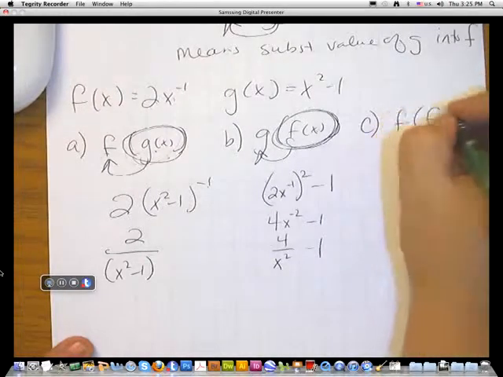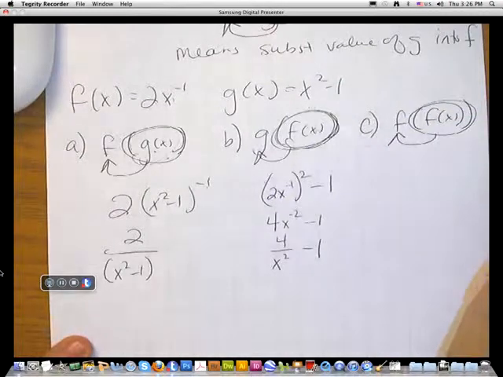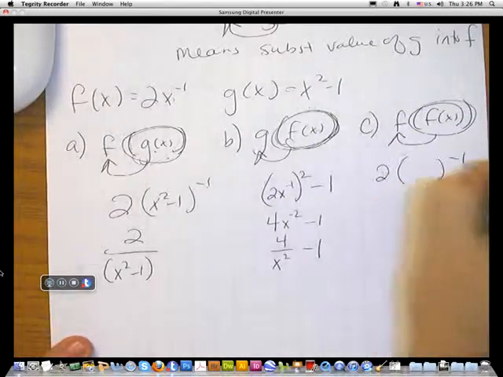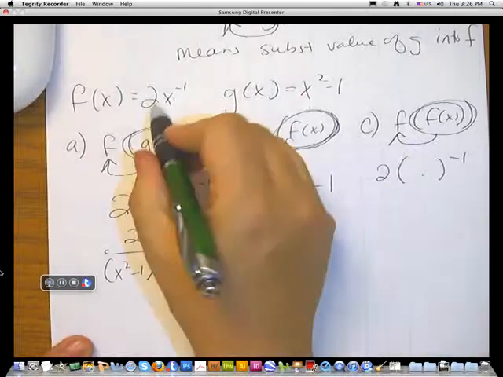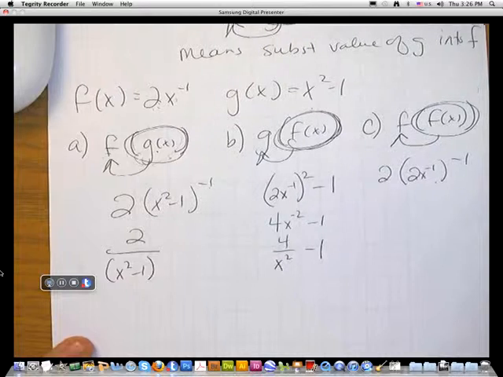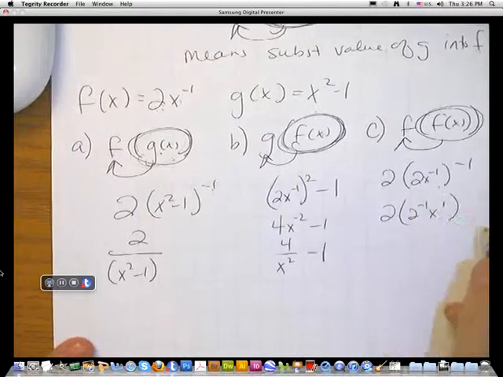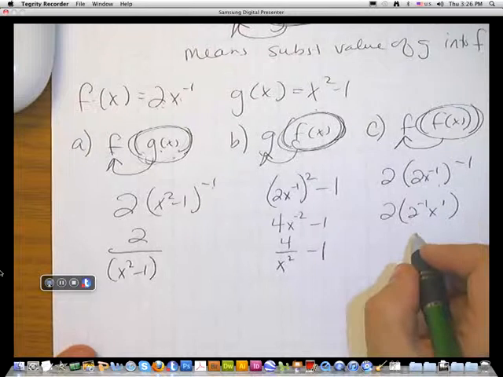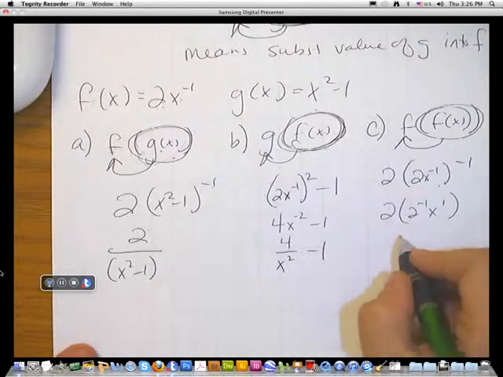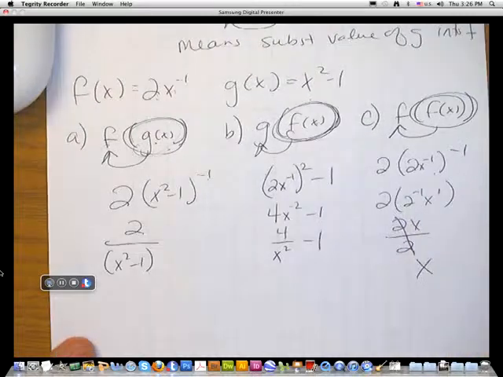If I do f of f of x, that means I'm going to put f into f. So here's f, and what am I putting into it? I'm putting f. So here I got 2 to the negative 1 and x to the positive 1. So that makes 2x over 2, which is just x.